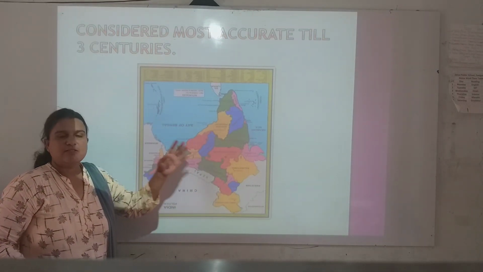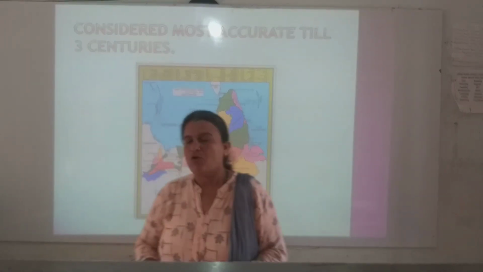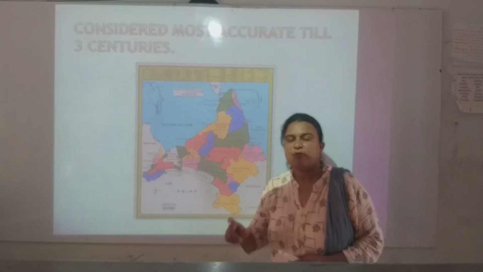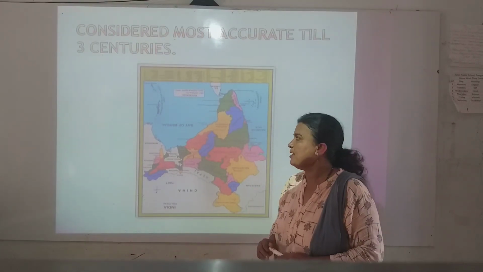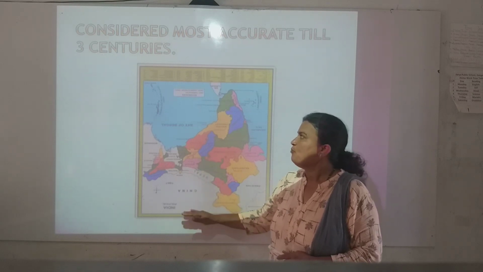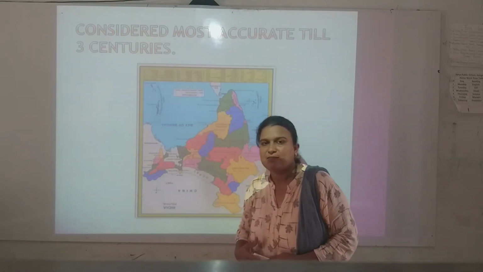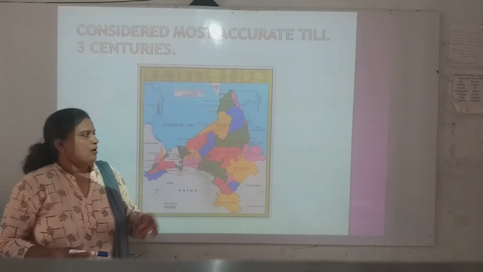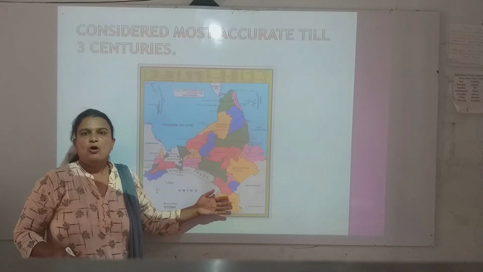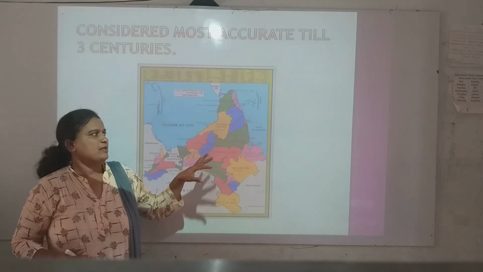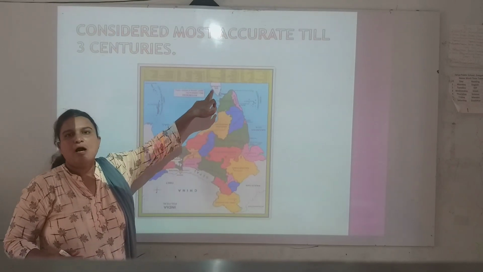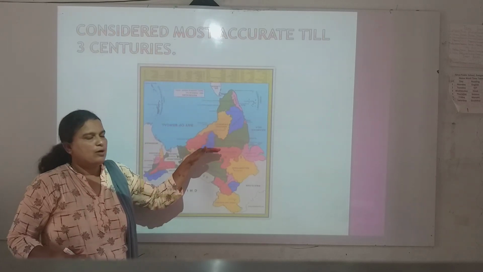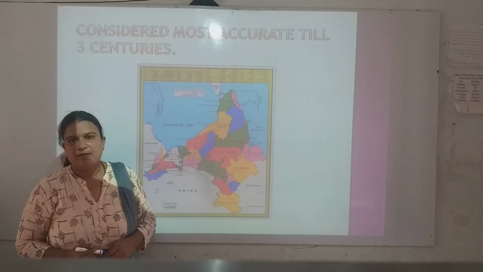Here, my dear students, this is the map of India, but there is a lot of difference, because the map Al-Idrisi made was upside down compared to the present world map. If we look at the bottom of our country, there is Sri Lanka, but in this map you can see Sri Lanka is on the top, the north part, and below Sri Lanka our India is there.